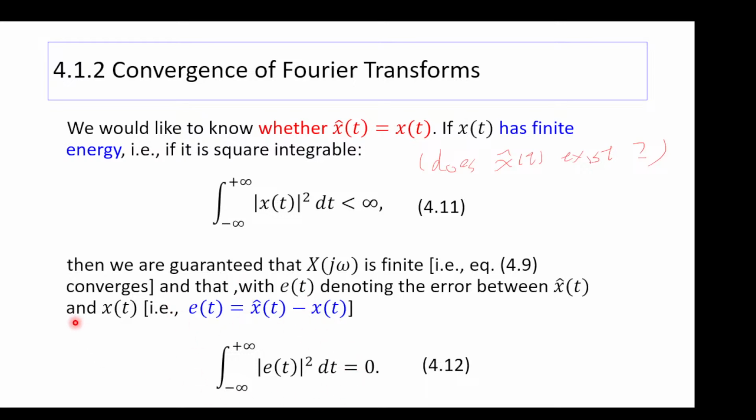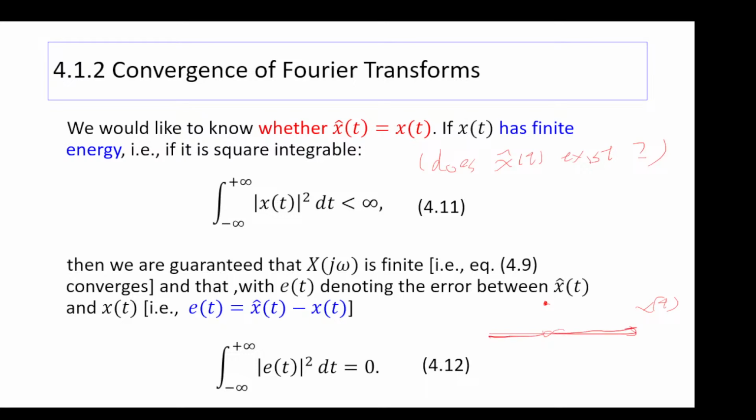Okay. But this doesn't mean the two functions are the same at every point. One example, a very bad example I guess: maybe your x of t equals 1 at the point 0, and 0 everywhere else.